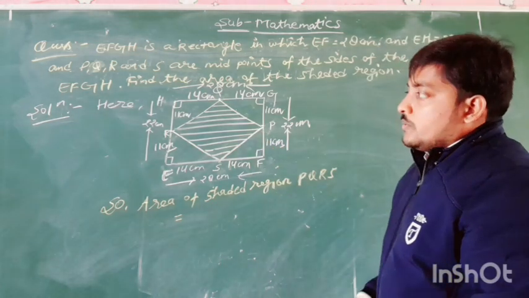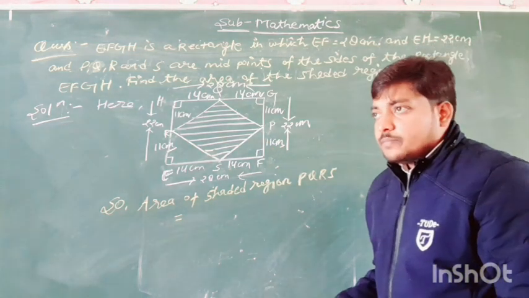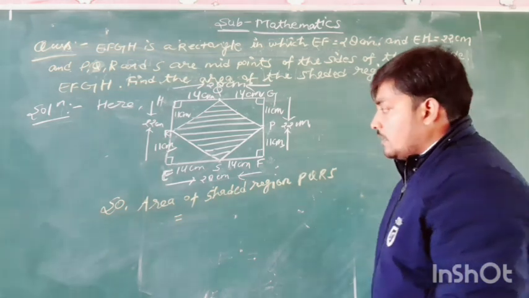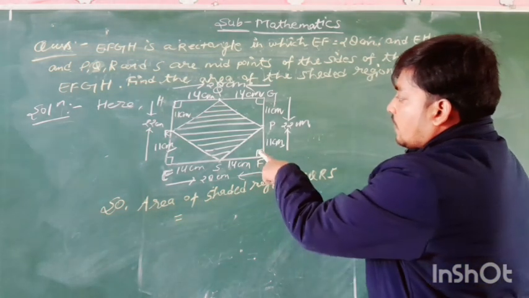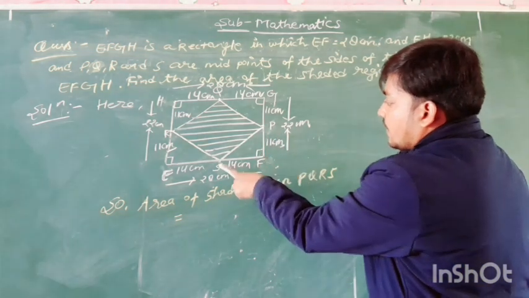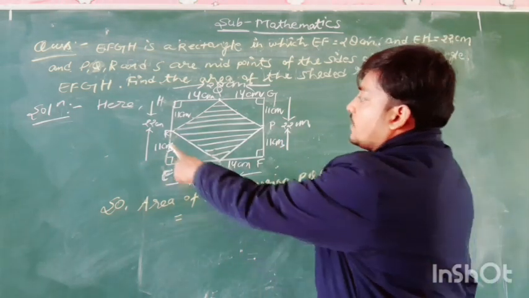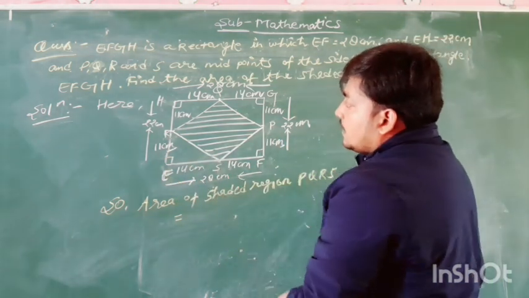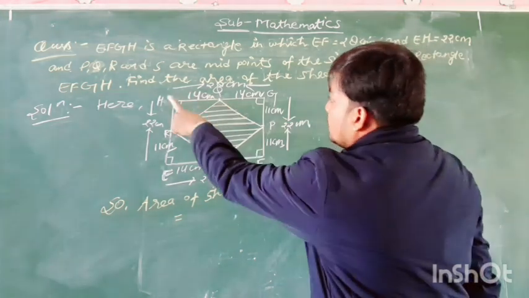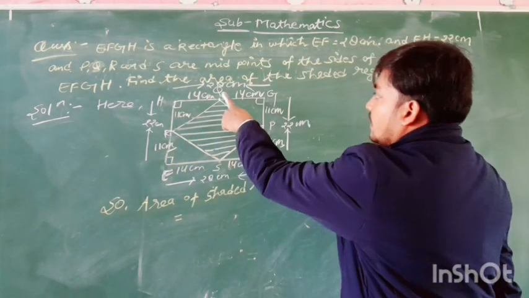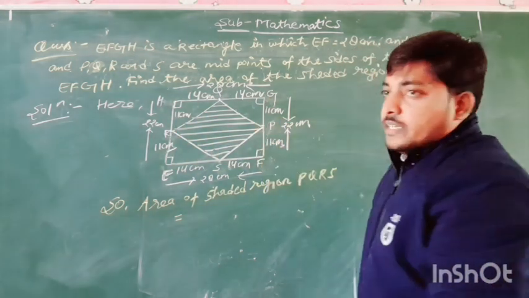When two triangles are congruent, then their areas will be equal. So the area of triangle PFS, triangle RES, triangle QHR, and triangle QGP is equal.